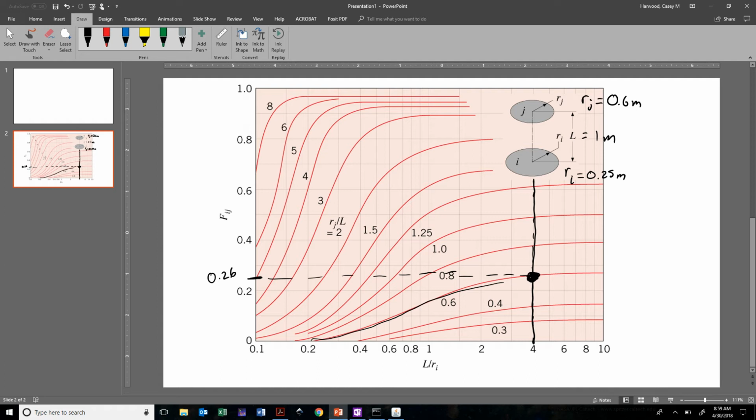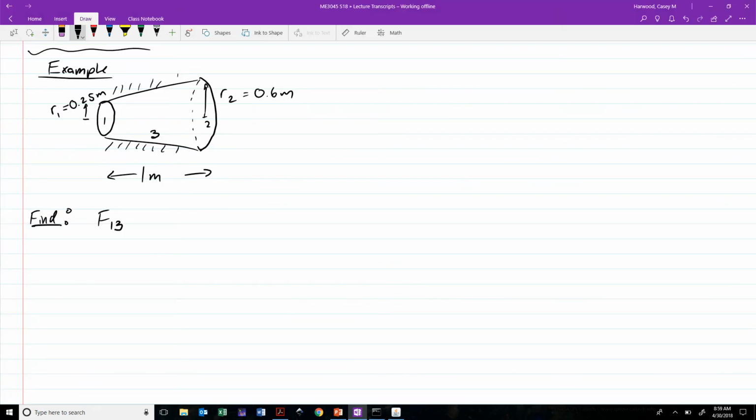Any questions here? Okay, so that gives us F12. So if we come back here, we know that F12 is equal to 0.26, and this is from figure 13.5.